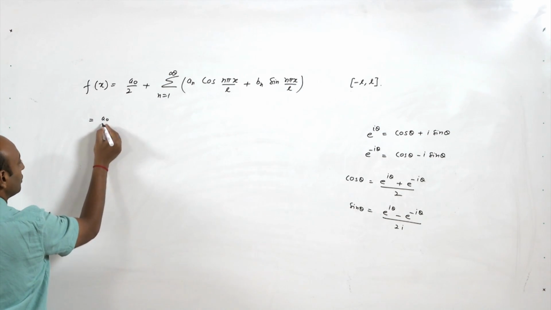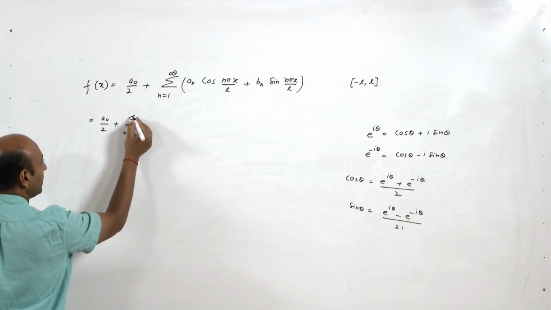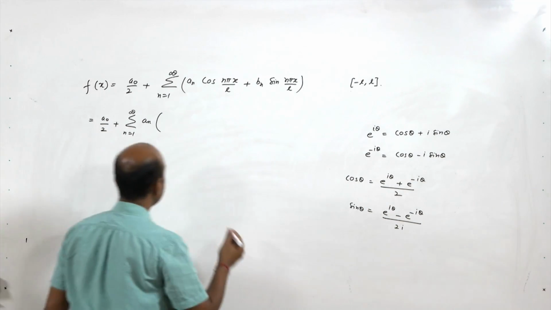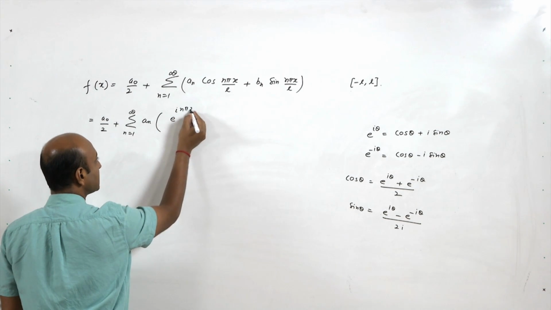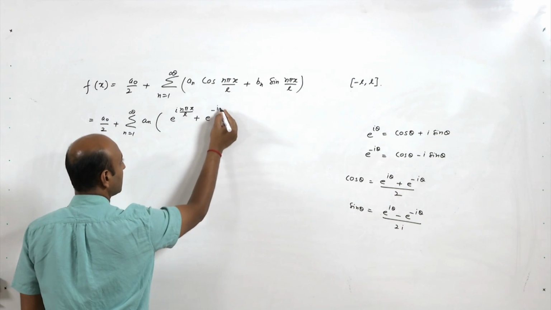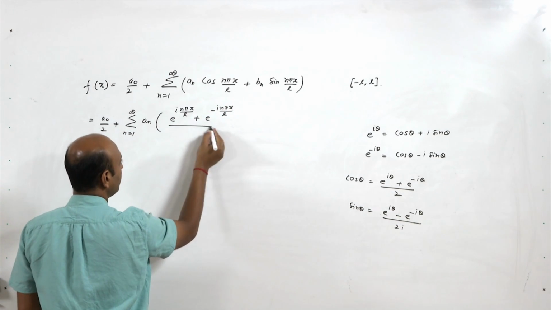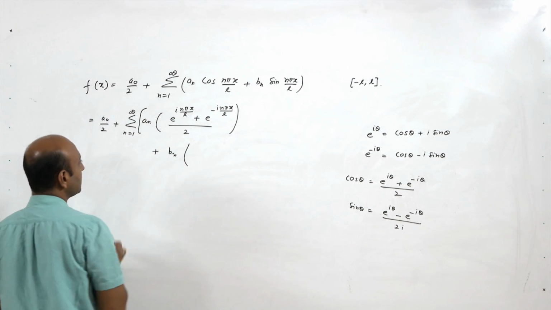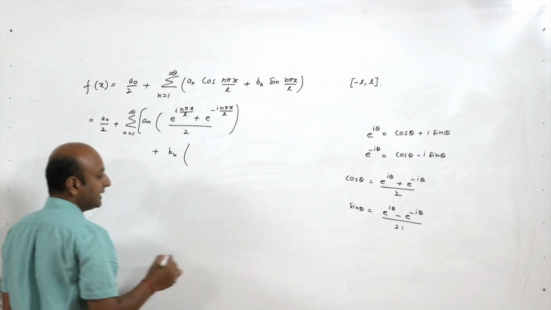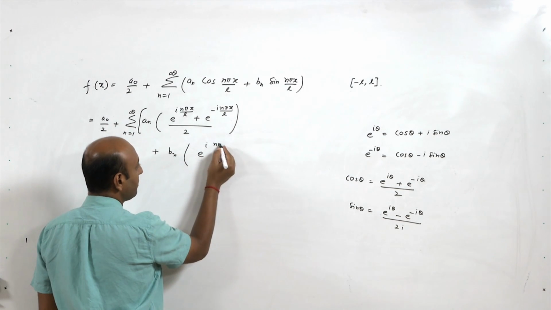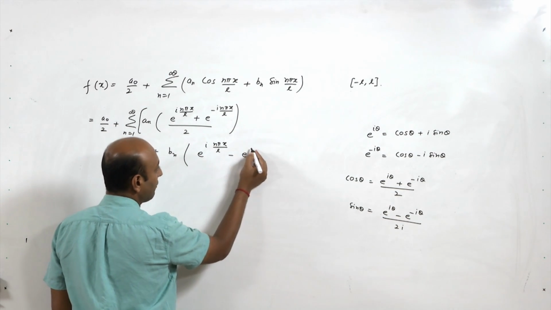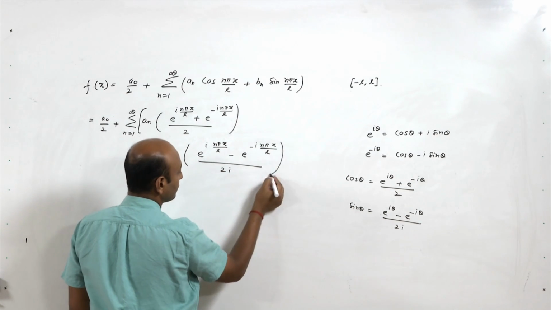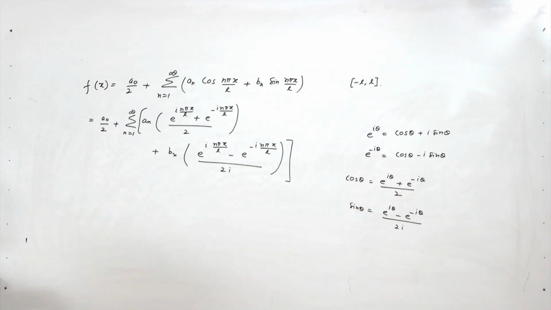So, it is equal to a naught upon 2 plus summation n varying from 1 to infinity a n, and cos n pi x by l, by this expression, is e to the power iota n pi x by l plus e to the power minus iota n pi x upon l, upon 2, and plus b n into sin theta, which is e to the power iota n pi x upon l minus e to the power minus iota n pi x upon l, upon 2 iota. The summation is over the entire bracket.